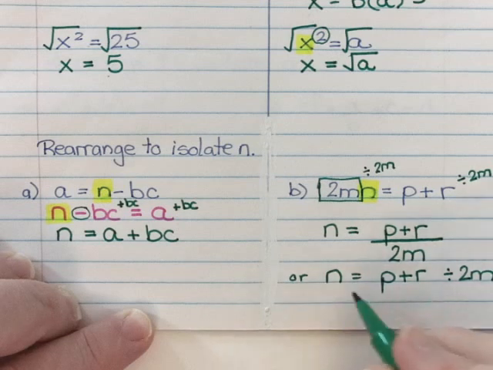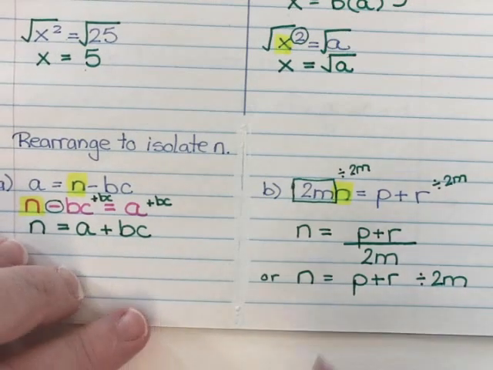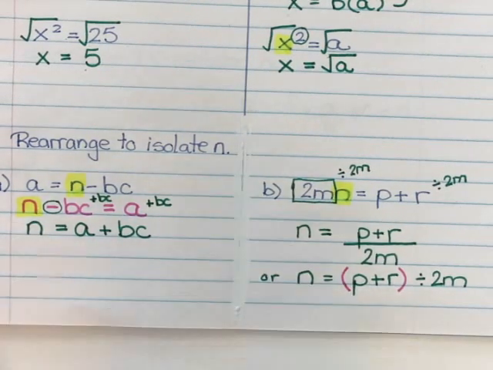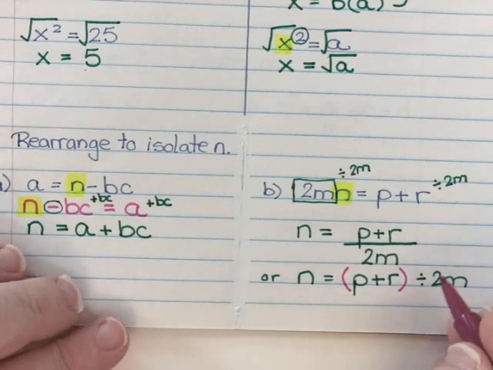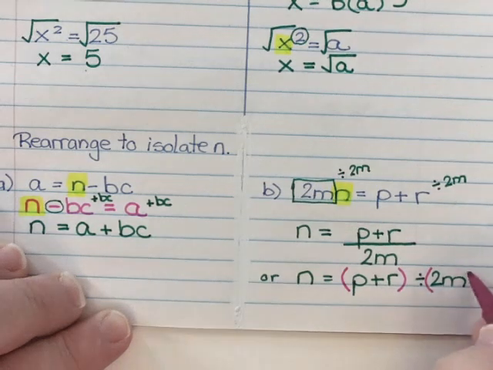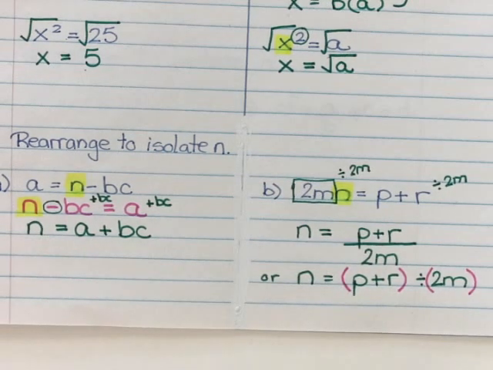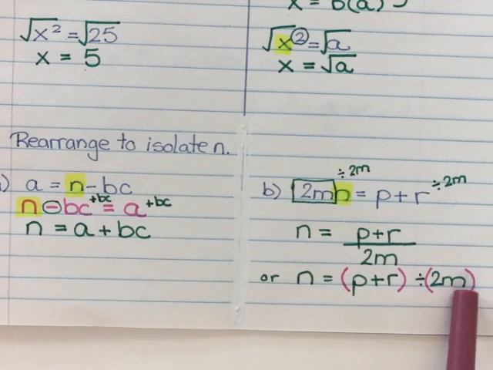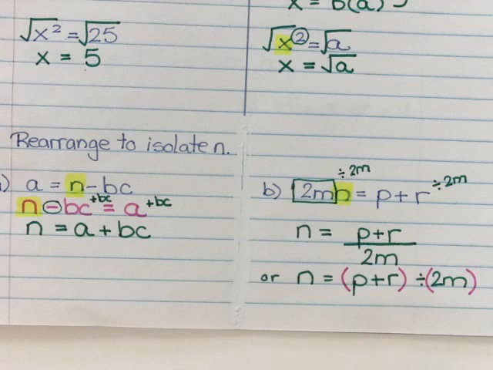But if you want to write it like this, you absolutely have to put brackets around the P plus R to show that we're dividing P and R by 2m. And you actually technically also need to put a bracket around the 2m to show that the 2 and the m are together. So I find it much easier to just write it as a fraction, and then I don't have to worry about brackets. But if you want to write it all in one line, you have to put brackets around the P plus R to show that that part's together, and the 2m to show that that's what we're dividing by.